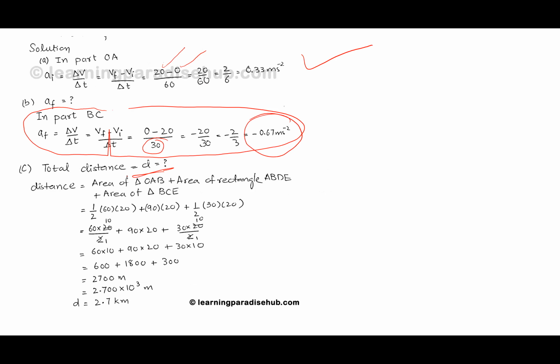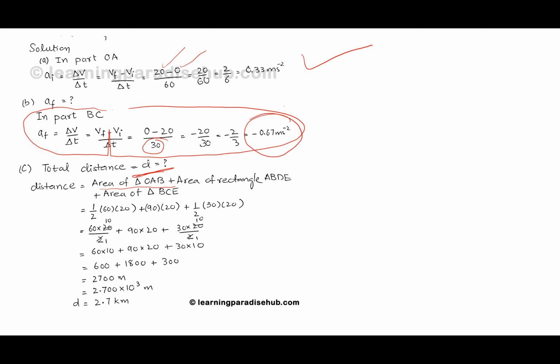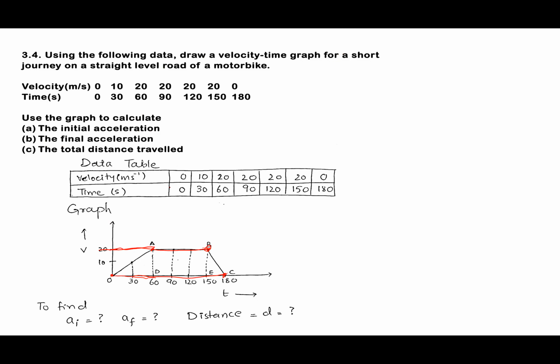Total distance is d, and distance is equal to area of triangle AOB plus area of this triangle plus area of the last triangle. Back to the diagram. Now, distance traveled during this triangle, during this rectangle, and during this triangle.